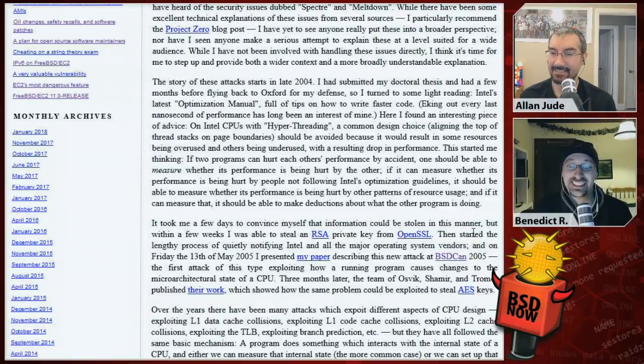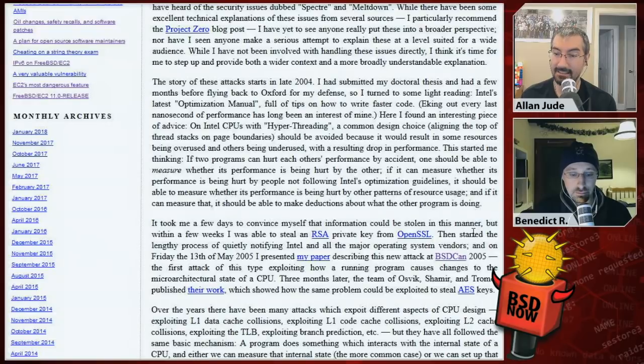To each his own. He found an interesting piece of advice on Intel CPUs with hyperthreading. A common design choice, which is to align the top of the thread stack to the page boundary, should be avoided because it would result in some resources being overused and others being underused, with a resulting drop in performance.